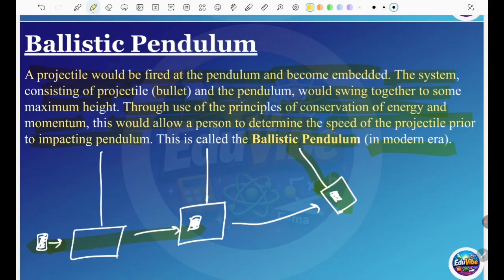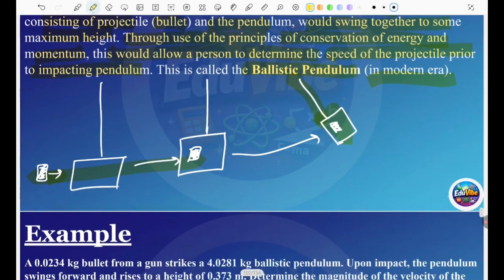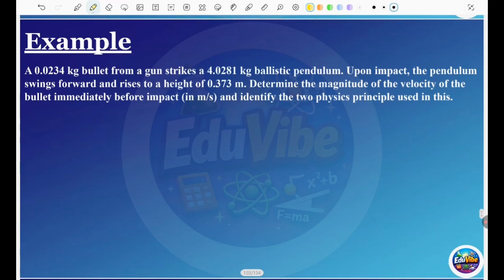So if all this is in a kind of question, what will happen? Here's an example question like this. There's just one thing we have to know, what effect the blow has on the pendulum when a fast moving object, a fast moving bullet, hits it.